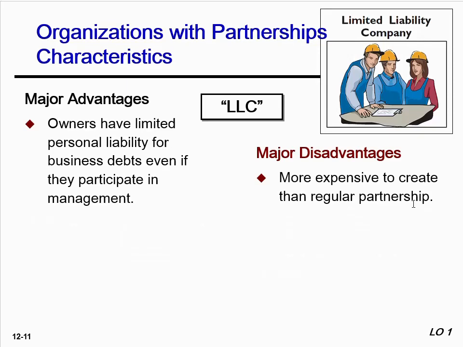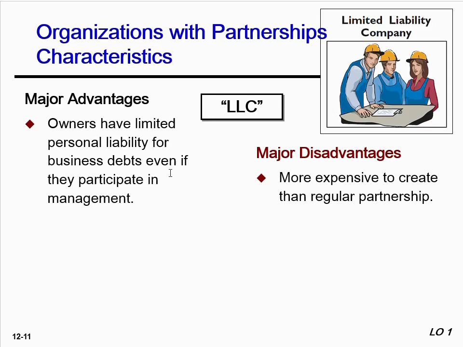That's why it is known as a hybrid form of business organization. Such an organization usually has limited life. It's not for a longer period of time. And owners have limited personal liability for the business debt.